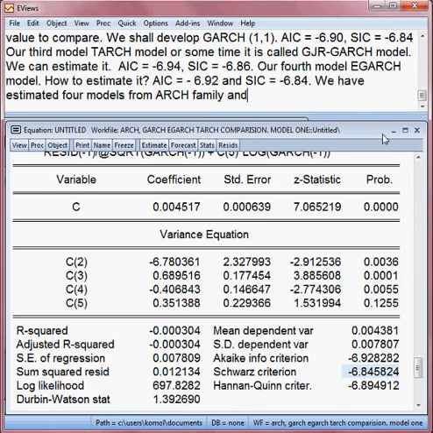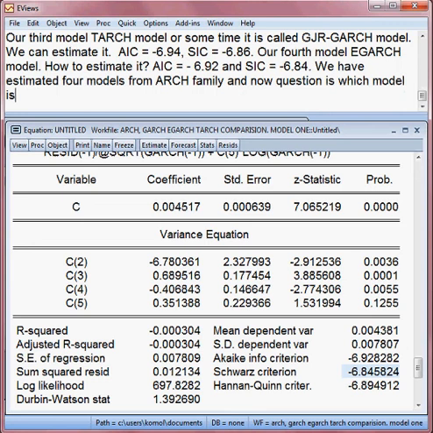And now the question is which model is the best out of all these 4? Which model is the best fitted? And what is the guideline?